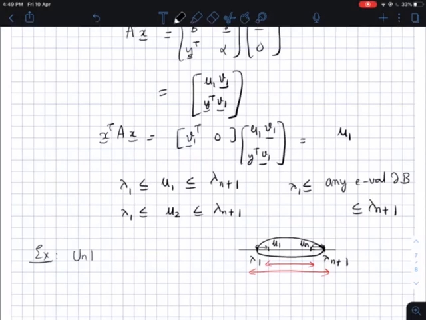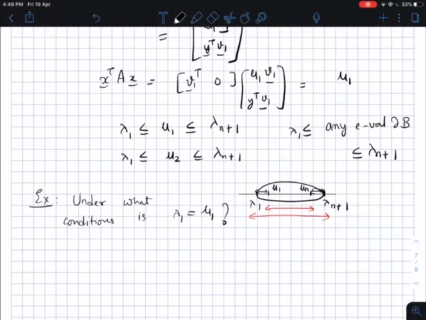So I'll leave this as an exercise for you to think about: under what conditions is lambda 1 equal to mu1? Meaning, suppose I don't want the smallest eigenvalue to change, then what must happen? So I would request all of you to think about it. If you want to find the answer, you can ask me in Piazza or on the live sessions.